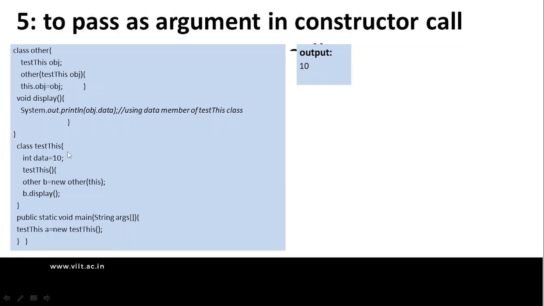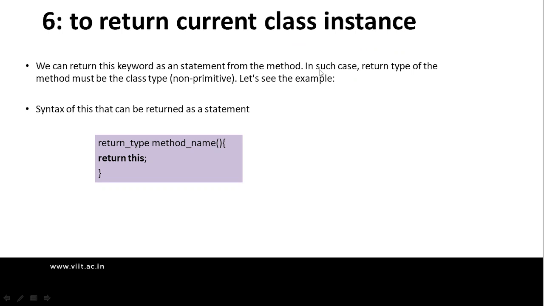Then class TestThis has integer data 10, and Other b equals new Other(this), then b.display. Then in public static void main, create an object a and call it, and this will give the output 10.